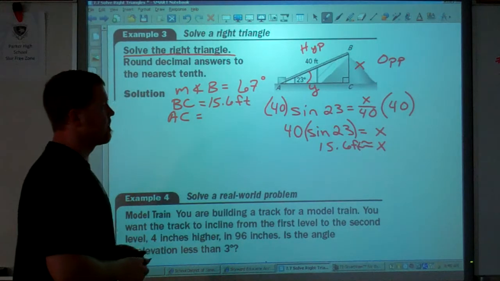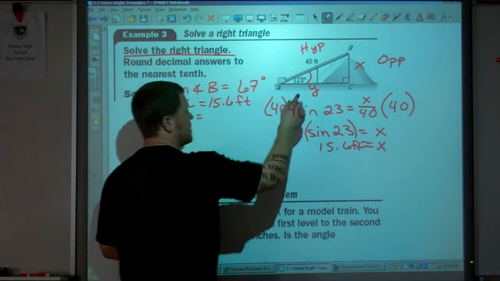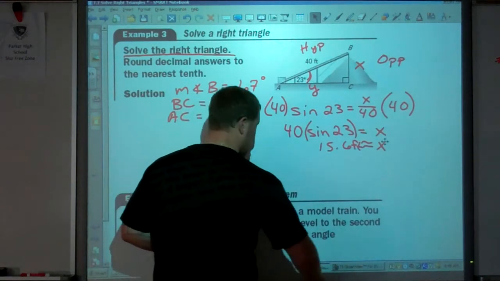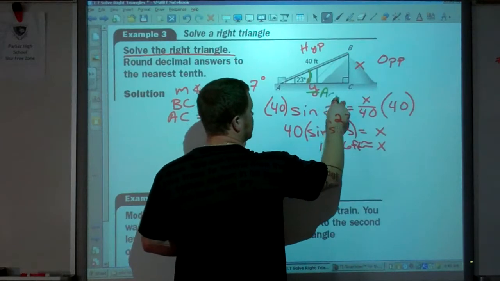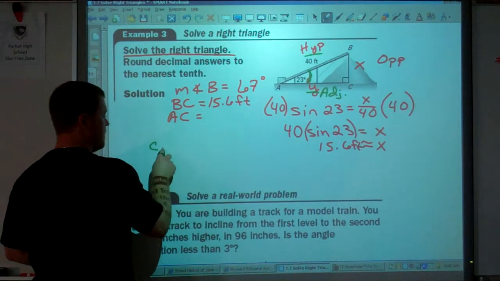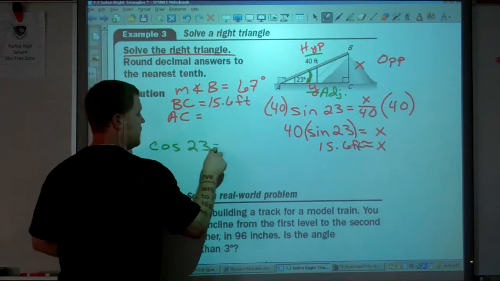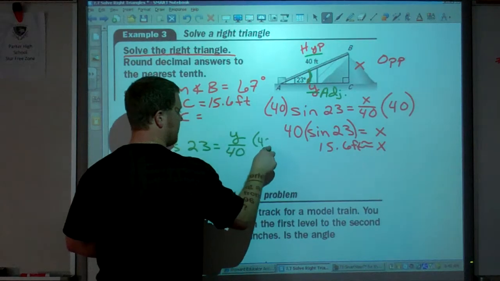Now, we want to find Y. We're still going to use this same angle here. Here's the angle, here's Y, that is adjacent. And we're still using the hypotenuse. So cosine of 23 equals the adjacent over the hypotenuse. So again, multiplying by 40.